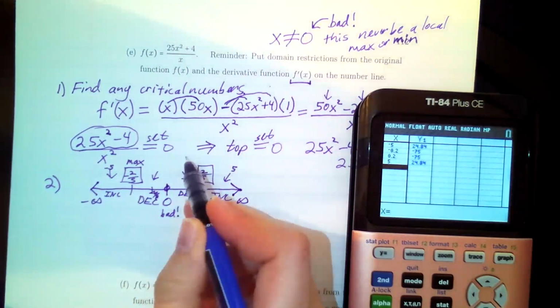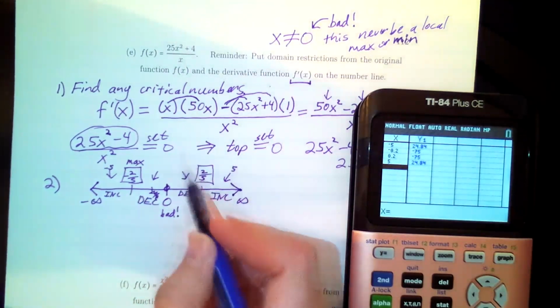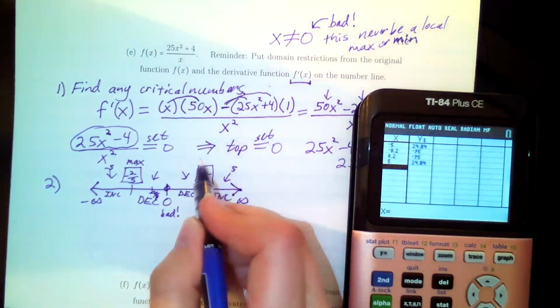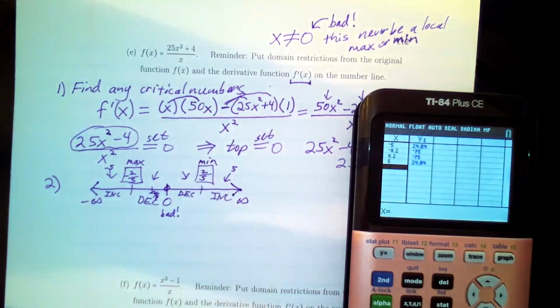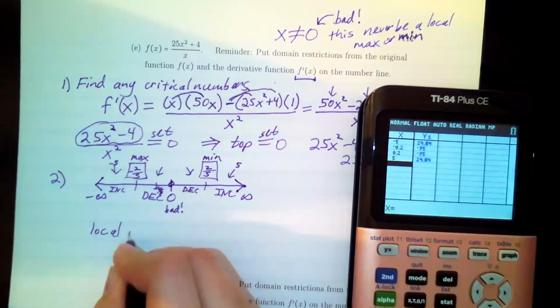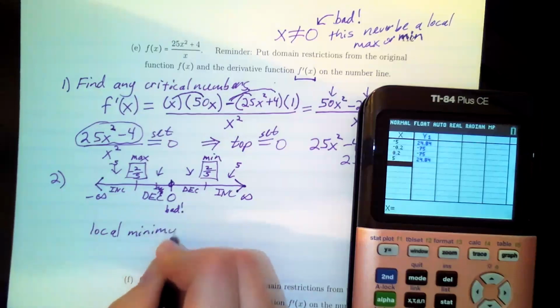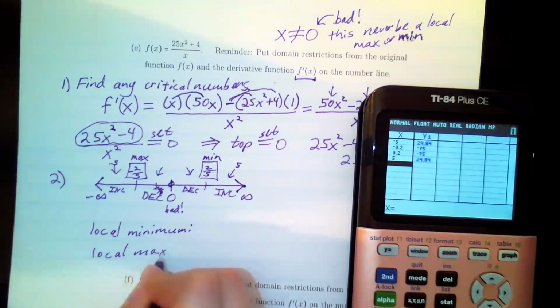It's decreasing. It's going down on this side, and then it turns around and goes back up on the other side. Down and then up, which means that 2/5 has to correspond to a local min. All right, let's write our conclusions. I have a local minimum and a local maximum.